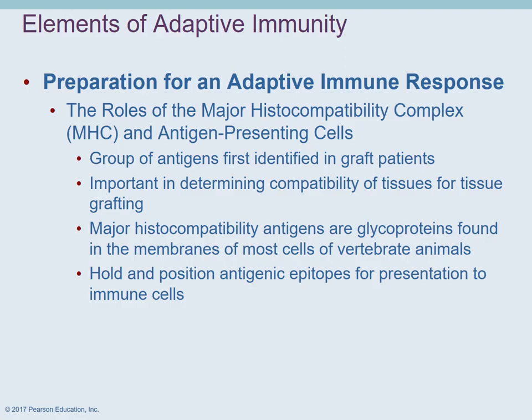Another thing that is mandatory that you understand in how the adaptive immune response is going to work is what we call the MHC. This is the major histocompatibility complex. The MHC, this is a group of proteins that are also on the outer surface of your cells.